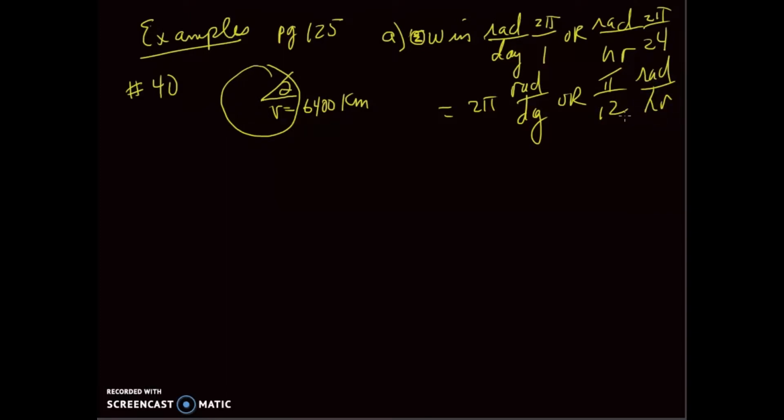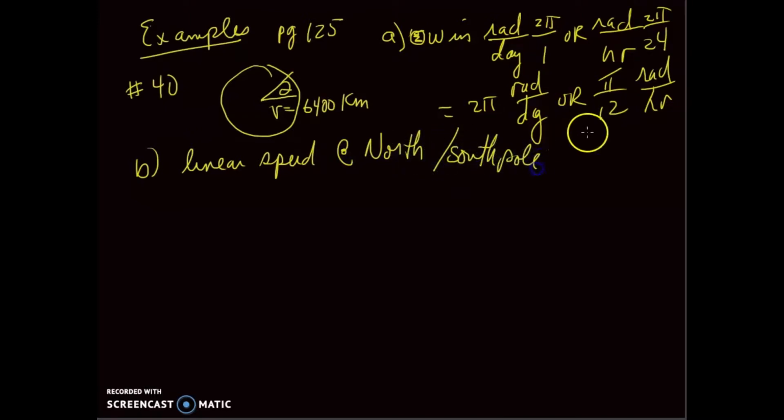Then they want to know the linear speed at the North Pole. Or South Pole. Well, that's got to be 0 because you're not moving. You're just spinning around in one place. That one's maybe too easy. But maybe that's to bring up: what's the linear speed at the equator?